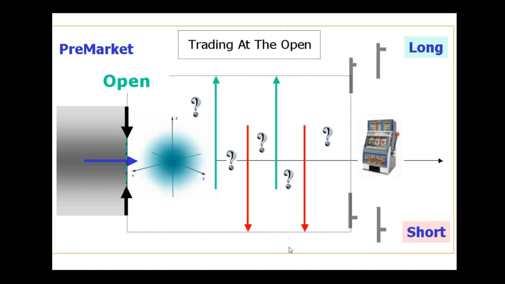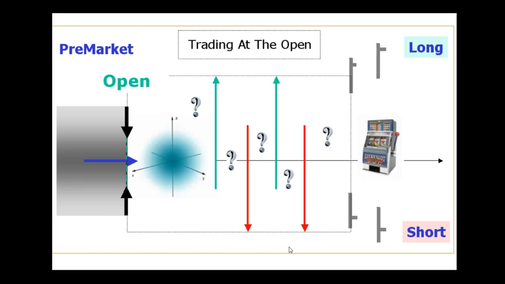On the other hand, we get days that move right off the open. In fact, this week, 3 of the days we just rose right off the open, immediately in the mornings, right as the market opened. So we have a dilemma.